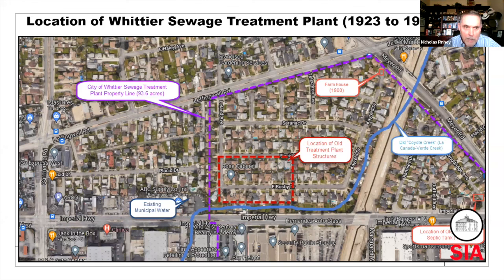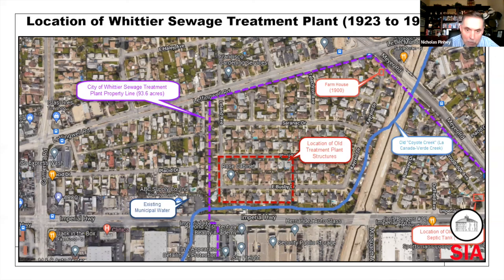This is an overlay of the location of the old sewage plant over what it looks like now in a Google aerial. You can see the purple line indicates the boundaries of the lands that were part of the sewer farm, and the red indicates where the actual structures were. What I think is interesting, you can see there's a blue line. That's the old La Cañada Verde Creek.